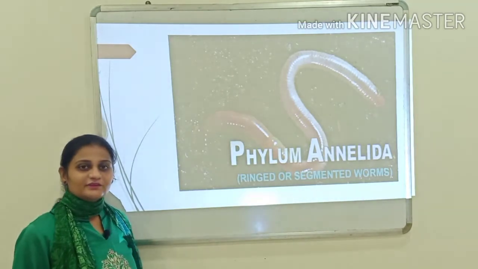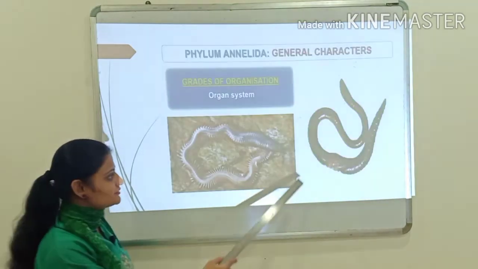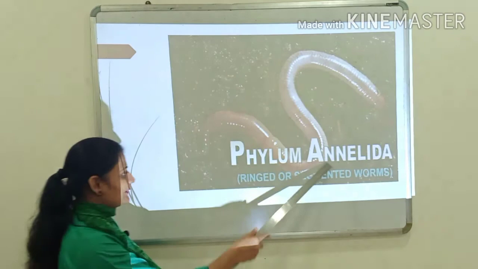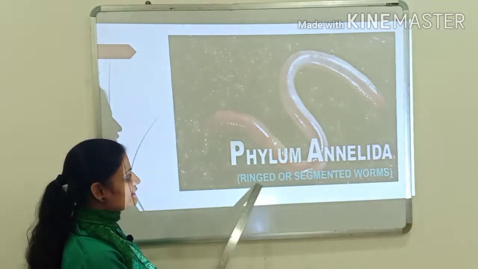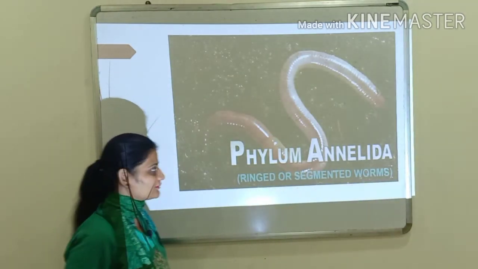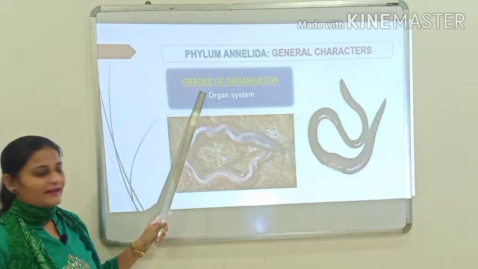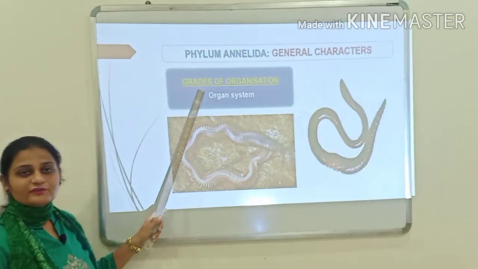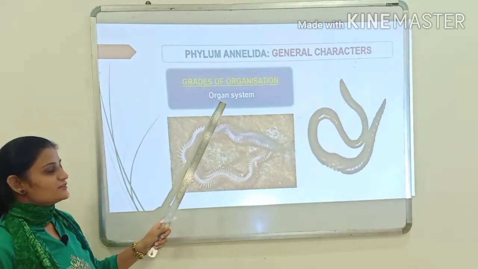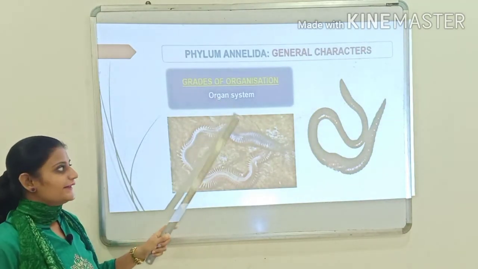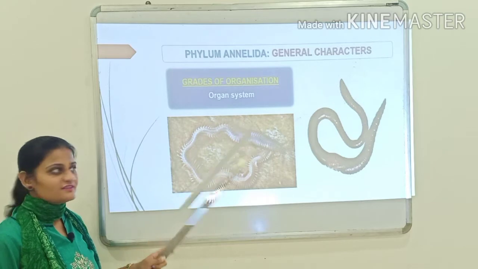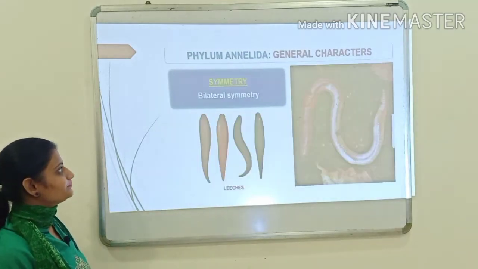Let us start with the new phylum, and that is phylum Annelida. They are ringed or segmented worms. Starting with the grades of organization or levels of organization, that is organ system. In annelids also, organ systems are produced.